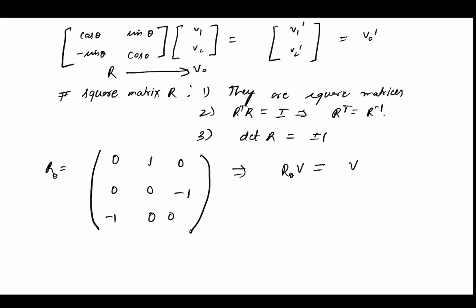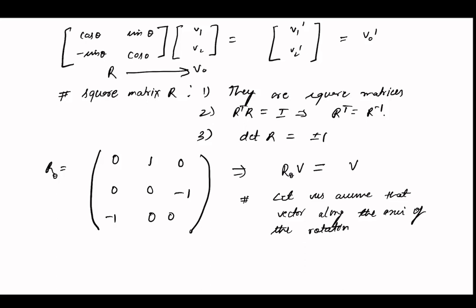So let us assume that the vector along the axis of rotation is represented by x, which, because this is the 3D case, is a column vector with components A, B, C. So when this rotation matrix acts on this vector which is lying on the axis of rotation, it is giving the original vector only.